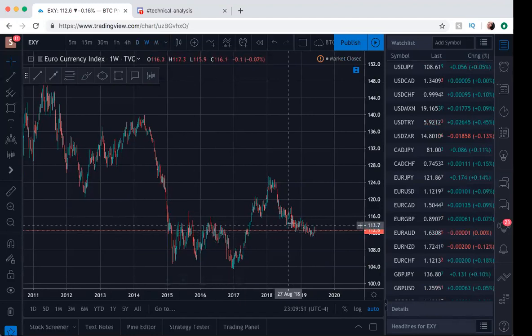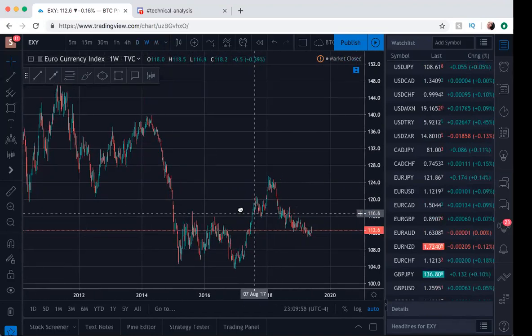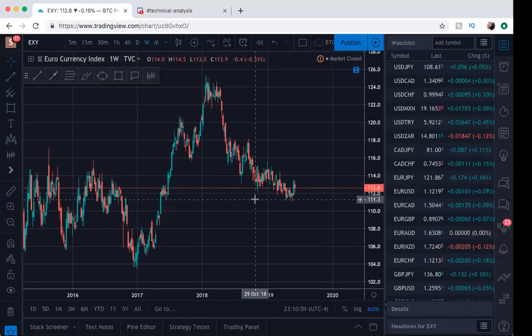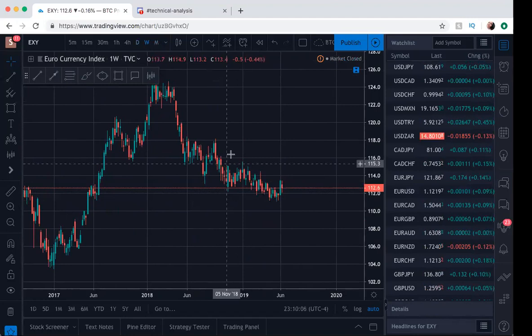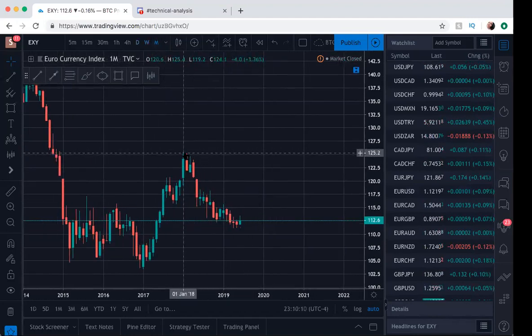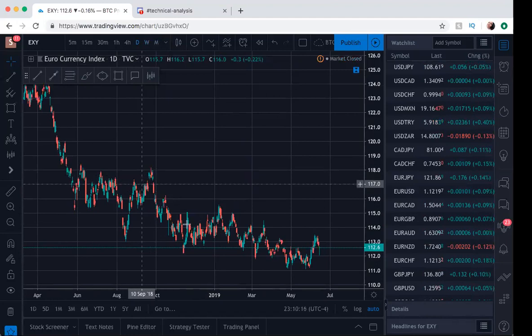We're kind of in this area where stuff tends to reverse. We could be seeing the EXY come all the way down to meet these lows. We don't really know, but as of right now, on a weekly, daily and monthly time frame, we can clearly see that it's making lower highs and lower lows, trending downwards.